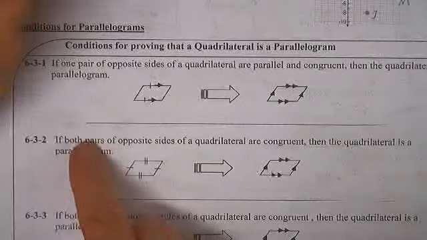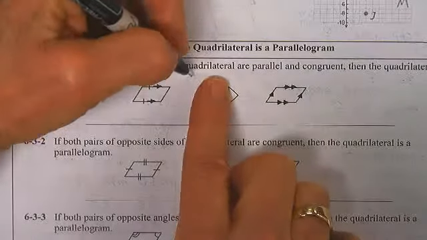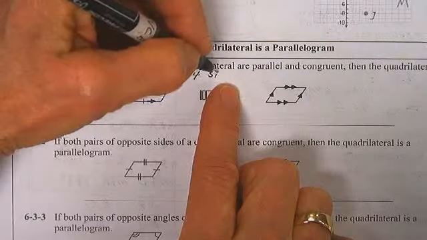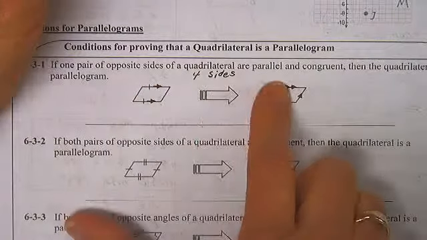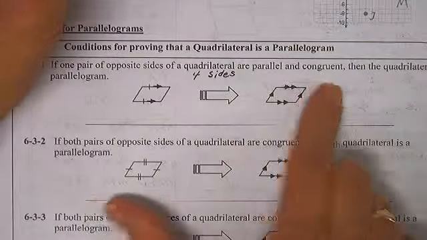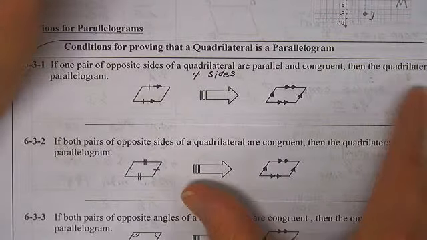If one pair of opposite sides of a quadrilateral, four-sided figure, are parallel and congruent, then the quadrilateral is a parallelogram.